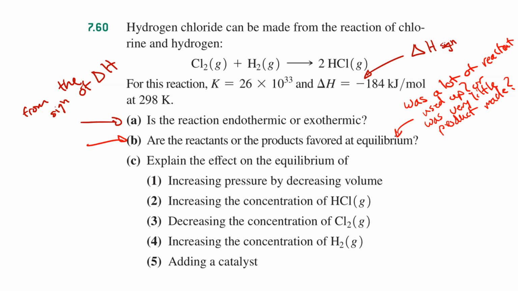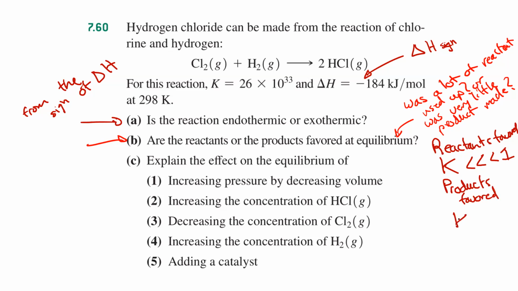If very little product was made, reactants are favored. So reactants are favored when K is much smaller than 1. Products are favored when K is much larger than 1. So it's really when K is much smaller than 1 or much larger than 1 that we actually care.